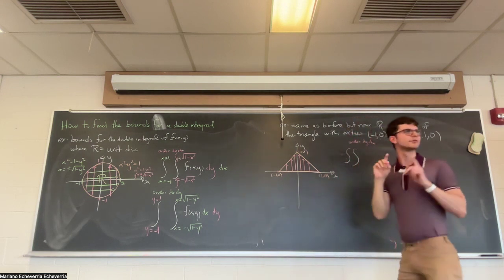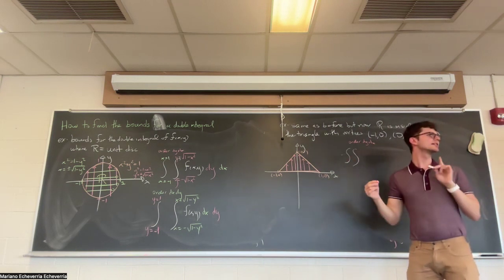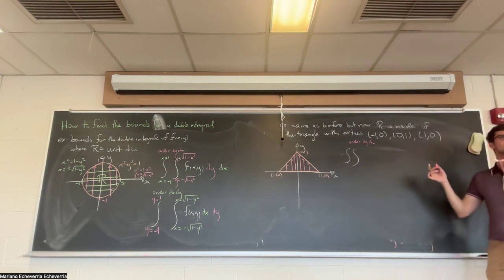Well, I don't know. Can anyone see what the issue potentially is? Well, not issue, but there is something that we do need to take care of. If you think about this order vertically, something new does happen. The bound changes. Right, exactly.